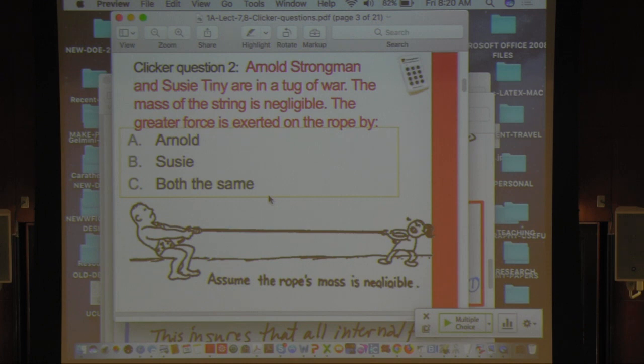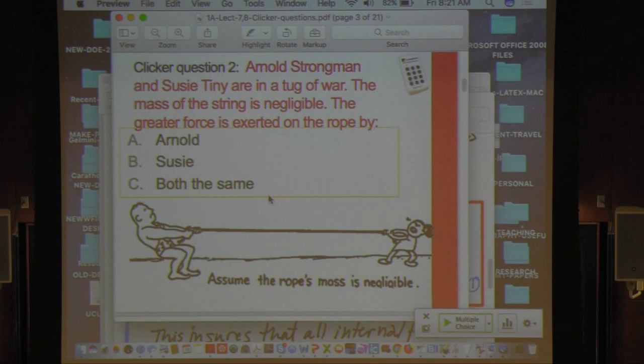But even if they would be accelerated, imagine that the strong man is winning and is dragging poor Susie, screaming and shouting and pouting, and she is accelerated. If the rope's mass is negligible, which is of course not zero, but negligible, then the tension along the string is the same, even if it is accelerated.